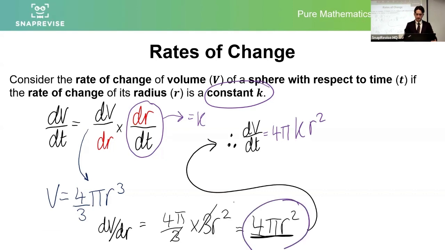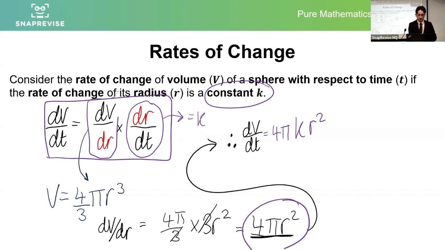So basically this times this. That's what we've done. So I've multiplied that by the constant. Okay, so we've found this derivative, and we've just multiplied them together.